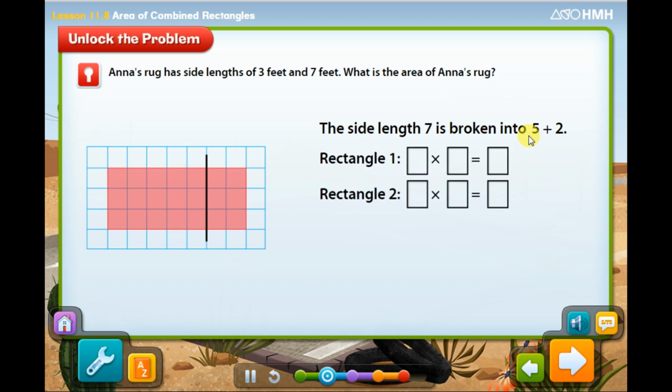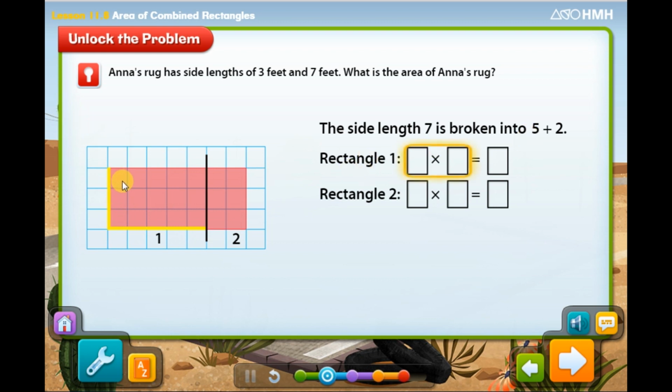Next, find the area of each of the 2 smaller rectangles. Let's call them rectangle 1 and rectangle 2. What are the width and length of rectangle 1? Okay, first, you know the rule: how many rows by the number in each row equals the product. So, how many rows in this shape? 1, 2, 3.